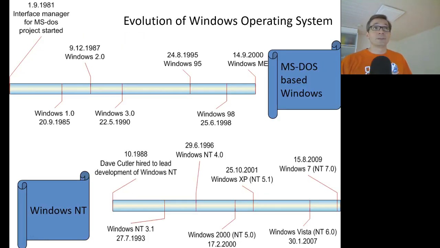As we can see from this figure, Windows ME ends the life cycle of MS-DOS based Windows. Furthermore, Microsoft only sold the Windows NT based Windows and migrated all the users from Windows ME to the next version of Windows, that was Windows XP, released in 2001.